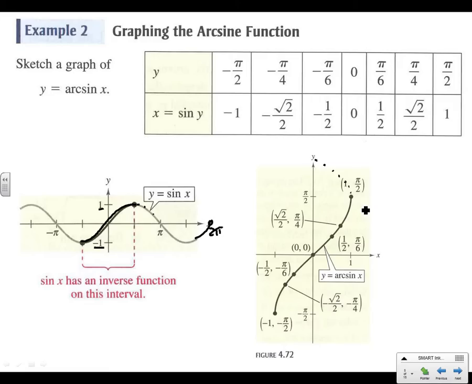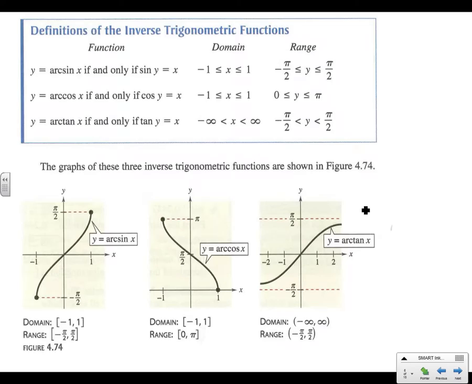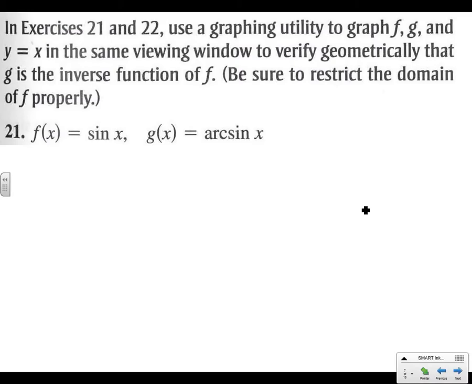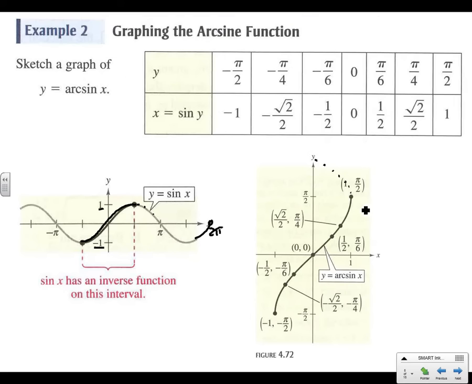Same thing with cosine curves. Okay? So for our next problem here, number 21, it says use a graphing utility to graph f, g, and y equals x in the same viewing window. Again, the important thing here, y equals x is a diagonal line like that. Our sine curve, if we flip back, the important part that we're dealing with starts low and finishes high.